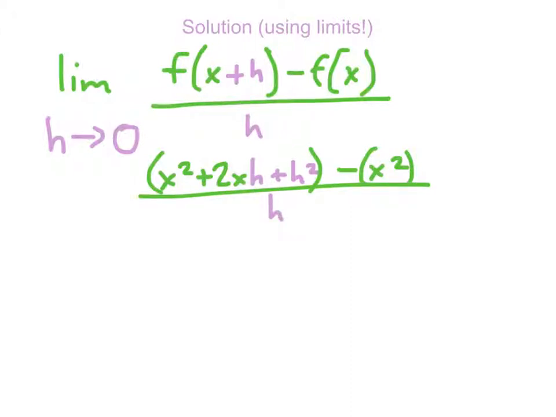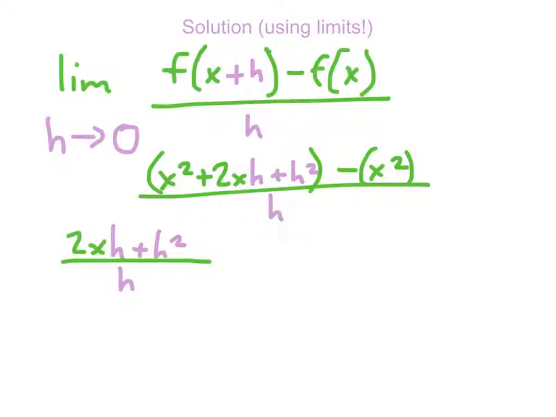And now you can see that these cancel out, the x squareds. So we can simplify this to 2xh plus h squared, this whole quantity, over h. And then you can probably see that we can factor out an h between these two terms.